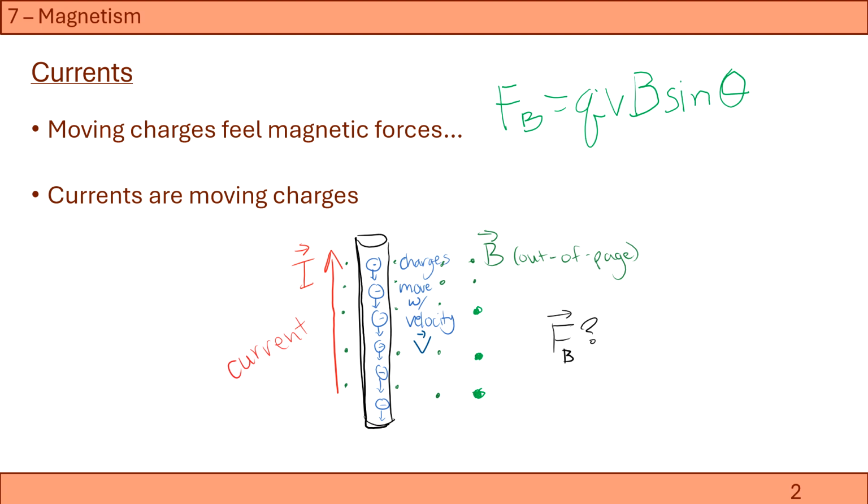So the velocity is downwards. The magnetic field, and we might be using different colors than before, is out of the page. And so that leaves the force to be leftwards. Actually, your middle finger should be pointing to the left, that is if you're using your right hand. These are negative charges, however.